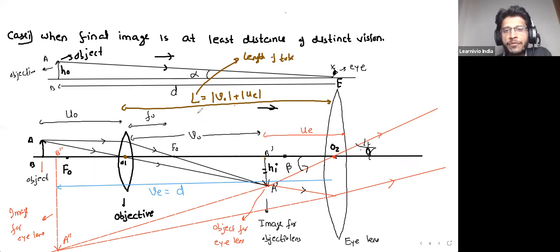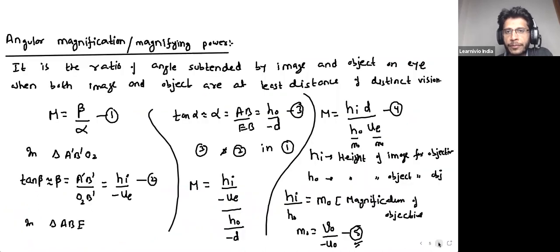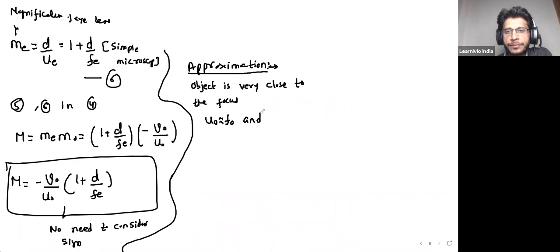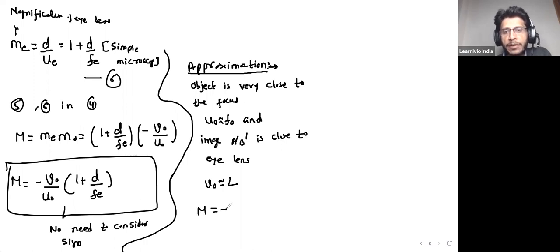In that case, you can say that V naught is almost equal to L. When I do these substitutions here, I get the angular magnification as minus L by F naught times 1 plus D by Fe.